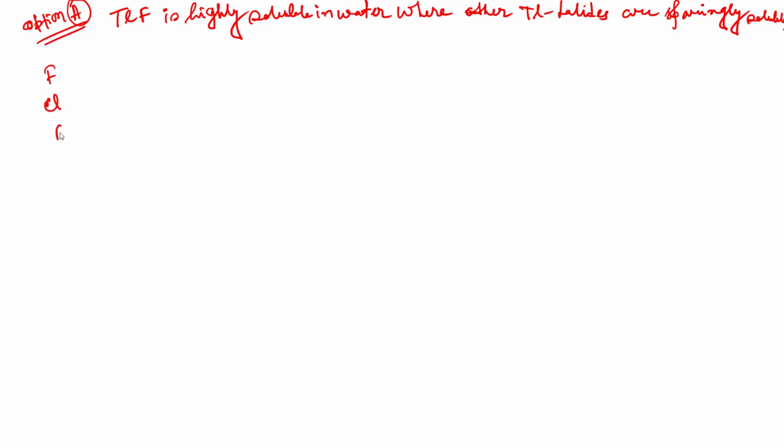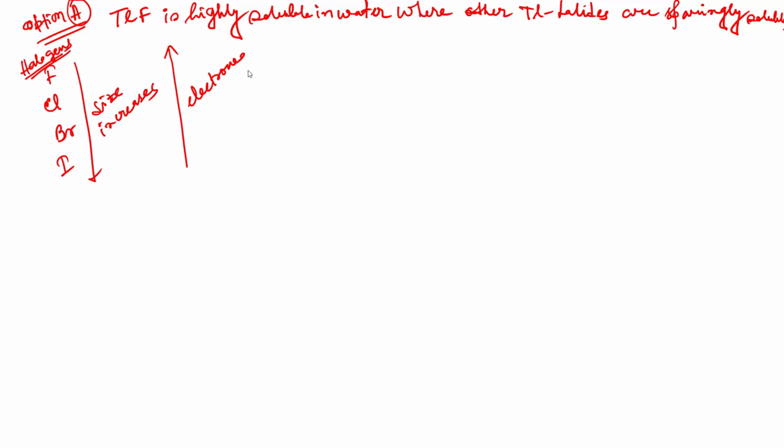Halogens: down the group, size increases, and up the group, electronegativity increases. So there are two factors. One is electronegativity, which increases as you go up, and fluorine is the most electronegative element.